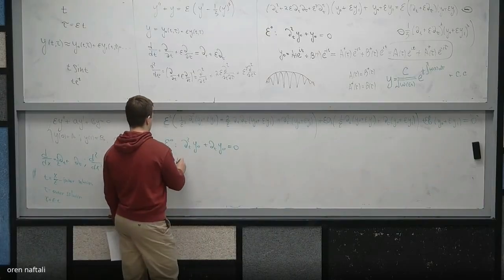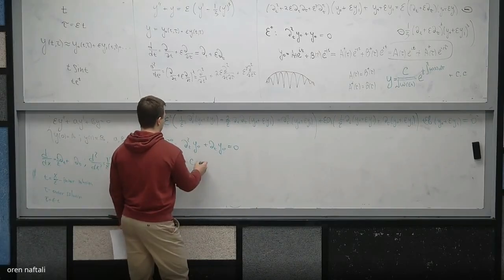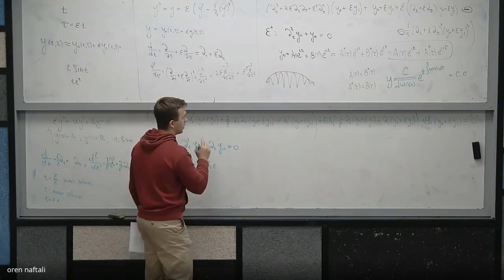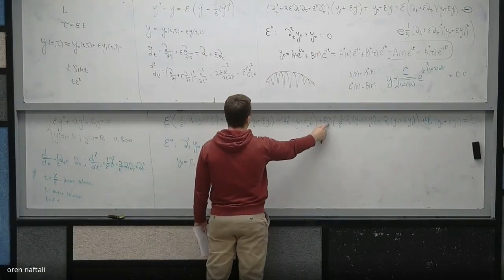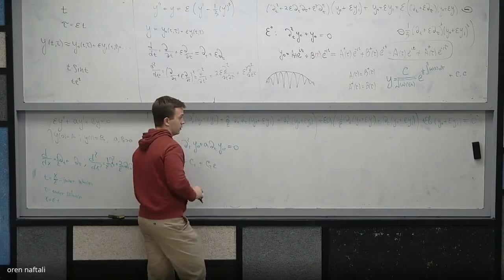This is just y naught equal to C1 plus C2 e to the minus a t. Let's be careful because here I have a, so that's why I should write here a, the constant.